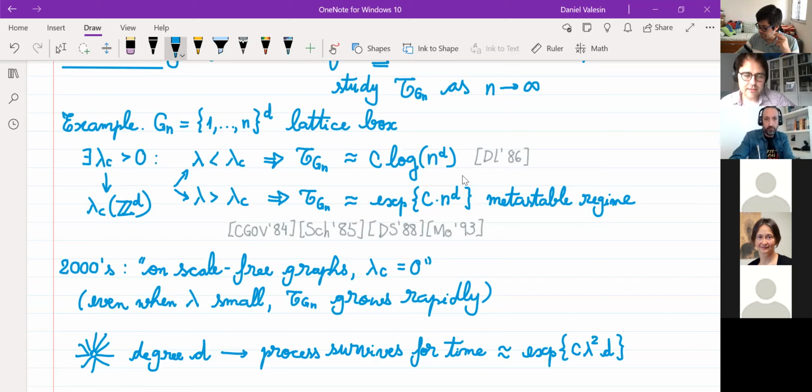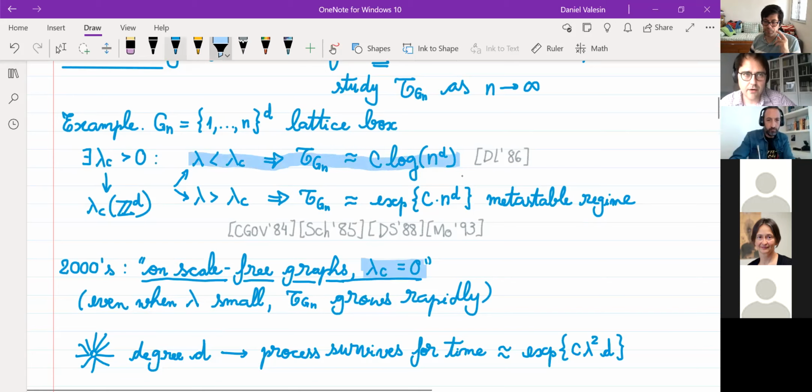And there was this discovery, or message, that on scale-free graphs, meaning graphs in which the degree distribution is a power law, so you have very well-connected vertices, lambda c is 0. And when I say lambda c is 0, what I'm actually trying to say is that this first regime doesn't exist for those graphs.